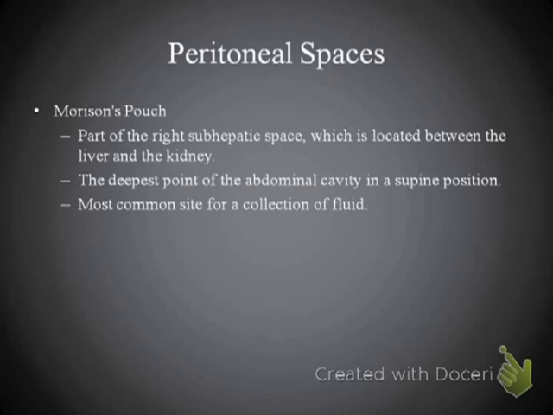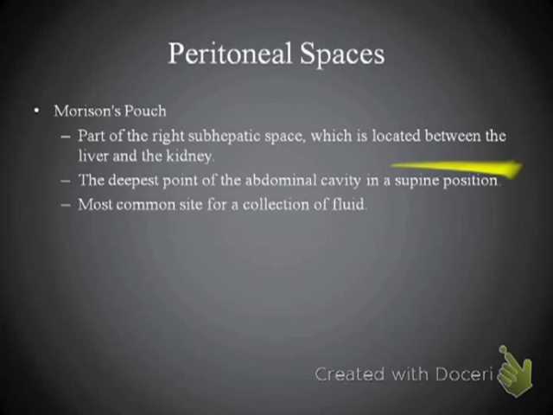And we know that it is the deepest point of the abdominal cavity in a supine position. However, it must be said that it is only in the supine position. Morison's pouch does not define the deepest point in an erect position. It's only in a supine position.